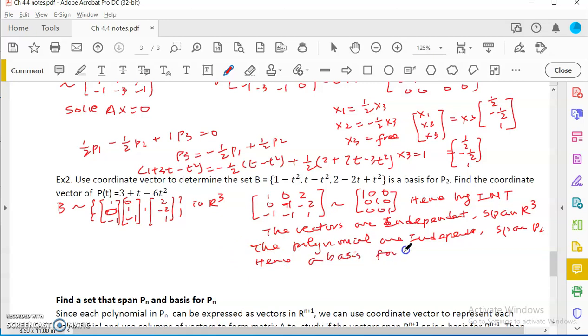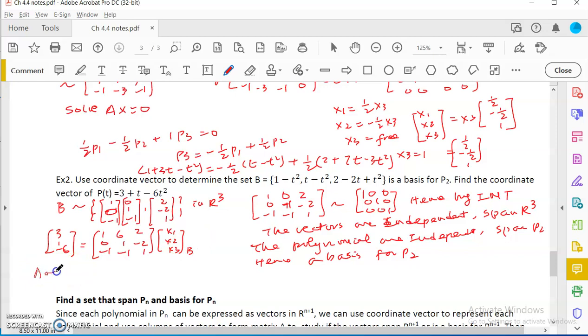We want to find the coordinate vector of 3 plus t minus 6t squared. So that is to solve the equation: 3, 1, negative 6 equals P of B, which is 1, 0, negative 1, 0, 1, negative 1, 2, negative 2, 1, times your x1, x2, x3 under the new basis, right?